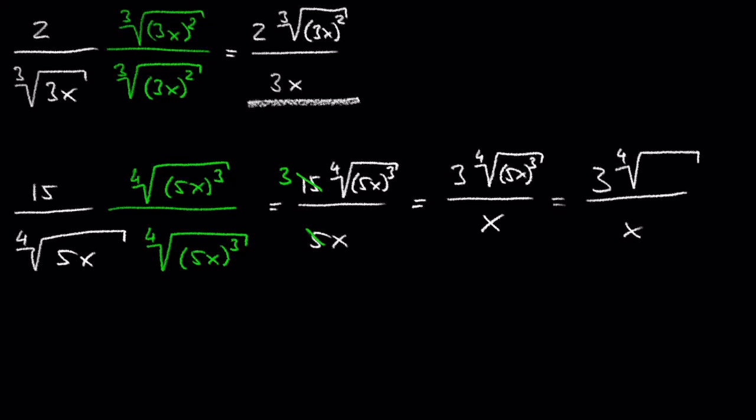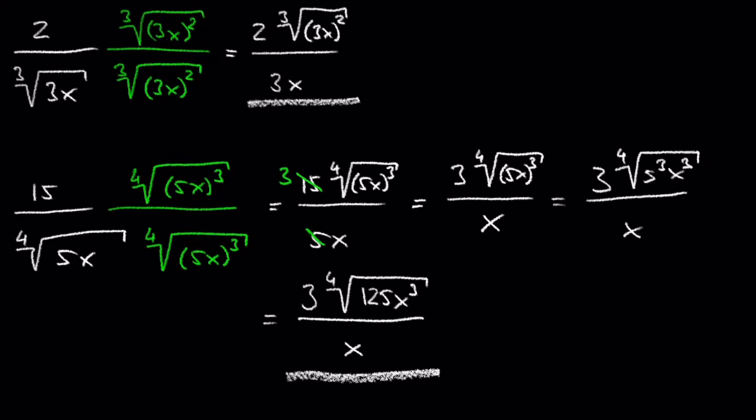Applying the power of product rule, we get 5 to the 3 times x to the 3. 5 to the 3 is 125. So we get 3 times the fourth root of 125x to the 3 over x.